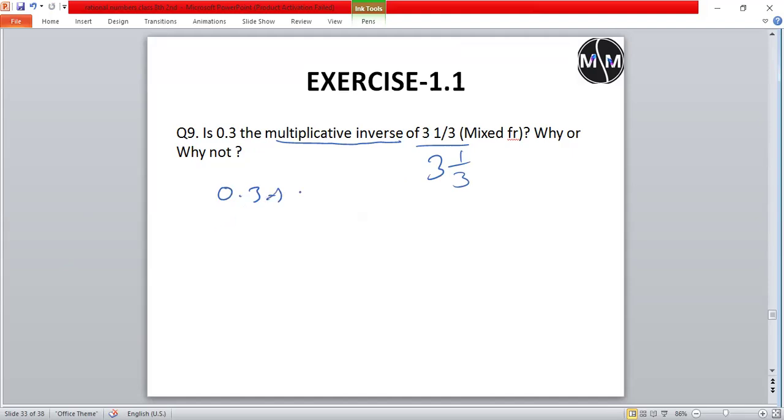Its answer is 3 by 10. And the other one is 3 multiplied by 3 plus 1, means 10 by 3. For a multiplicative inverse, the product must be 1. And the answer is 1. Therefore, yes, 0.3 is the multiplicative inverse of 3 by 3.